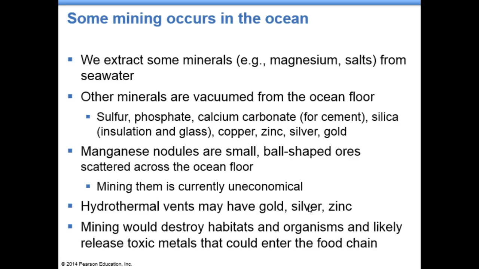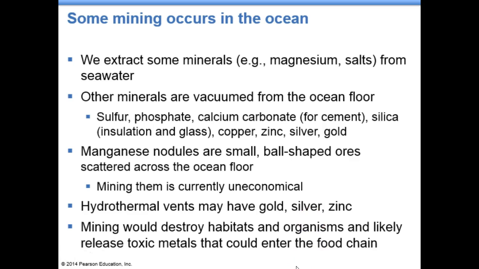Calcium carbonate, which we use to make cement, and silica, which is used for fire-resistant insulation and the manufacture of glass, as well as copper, zinc, silver, and gold ore, are some of the things that have been found underneath the ocean floor.